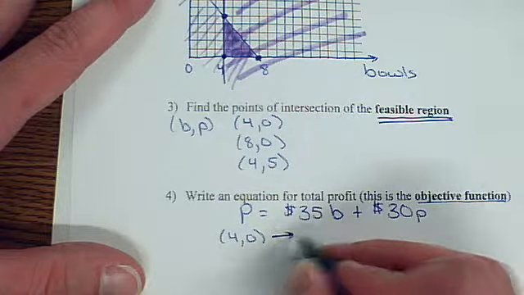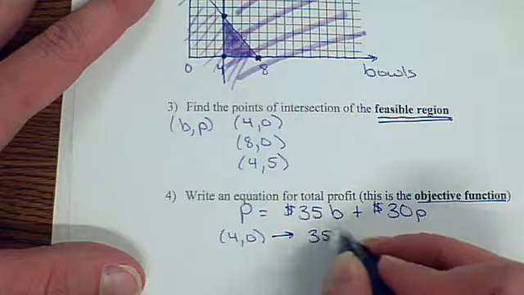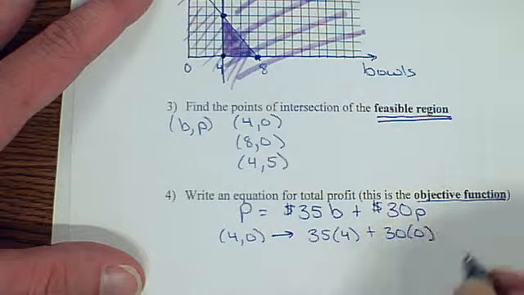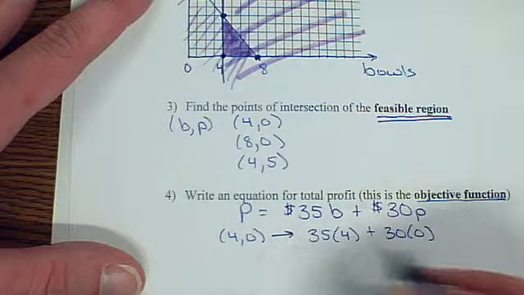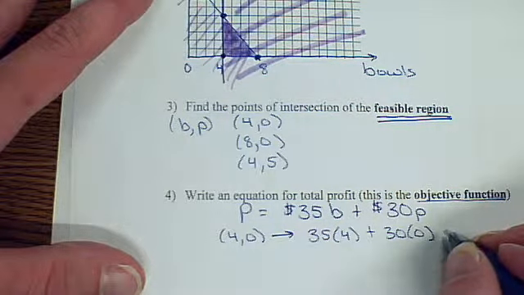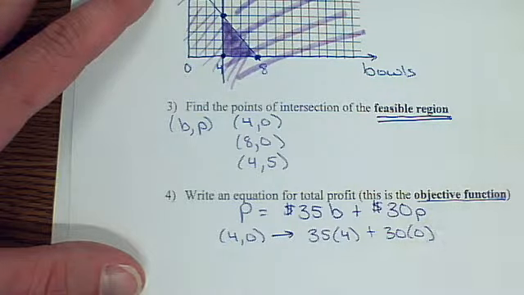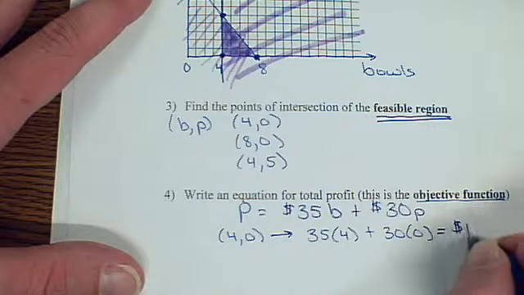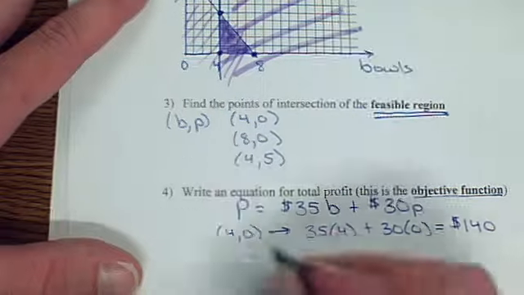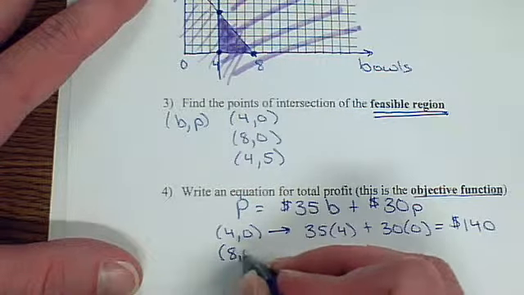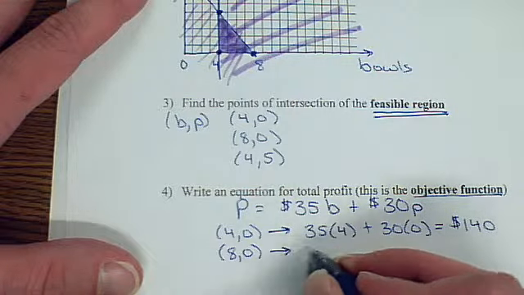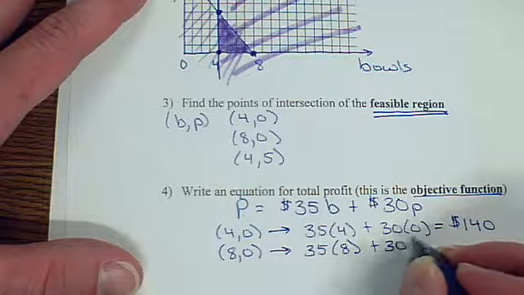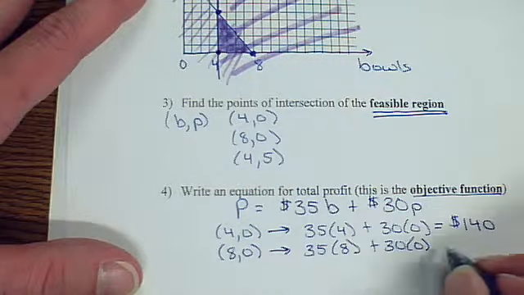If I plug in 4, 0, 35 times 4 bowls. That's the minimum he wanted to make, by the way. So that would be 140. Now, what happens if we make 8 bowls? 35 times 8 plus 30 times 0. Well, that's really just double that.